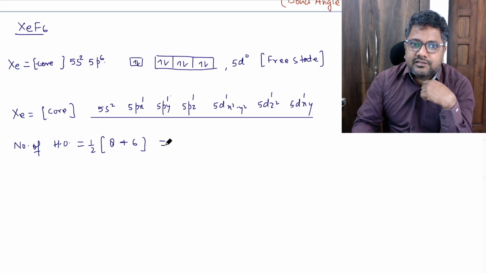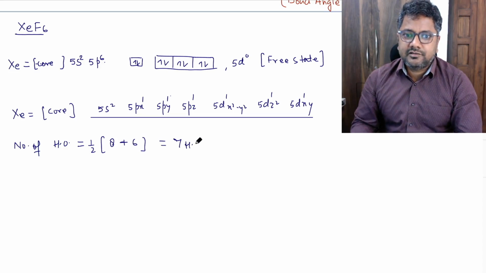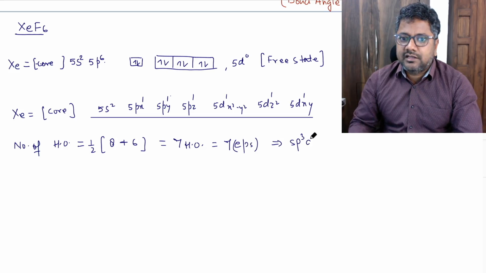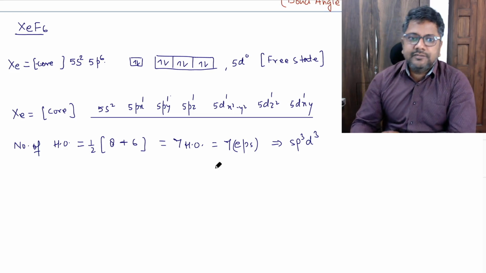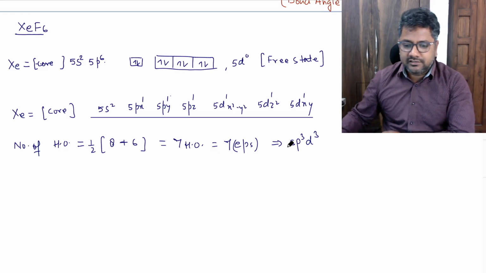So you will get 7 hybrid orbitals, means 7 electron pairs basically. So 7 hybrid orbitals you will get in sp3d3. So the hybridization is sp3d3, and there are 7 hybrid orbitals.